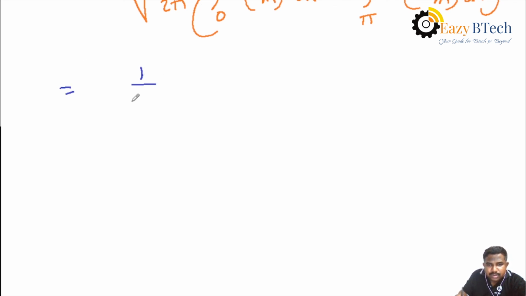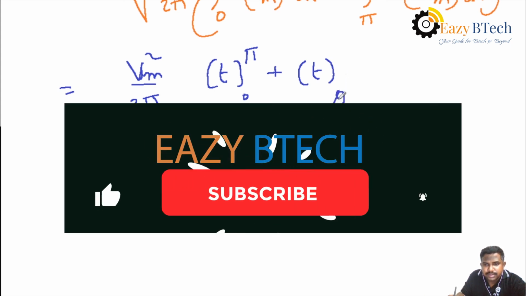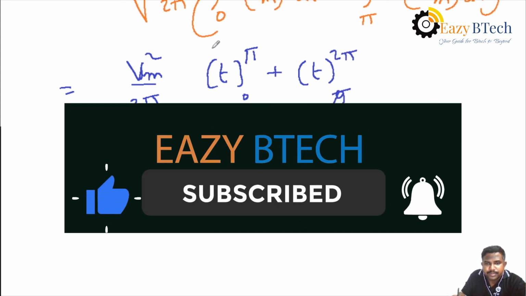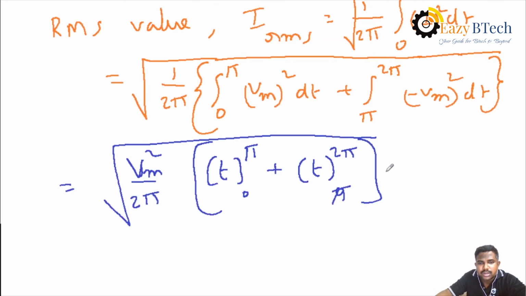That is 1 by 2 pi. Vm is constant, that's why Vm square, for both equations Vm square is constant. Then the integration is t, 0 to pi, plus, here also constant, integration is t, pi to 2 pi, whole square root of the whole term.